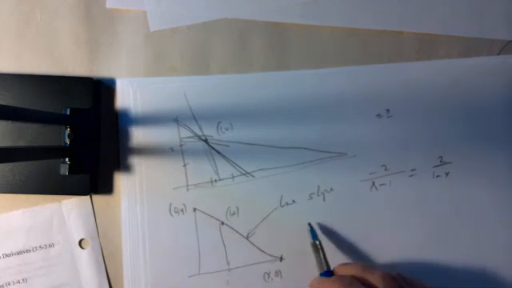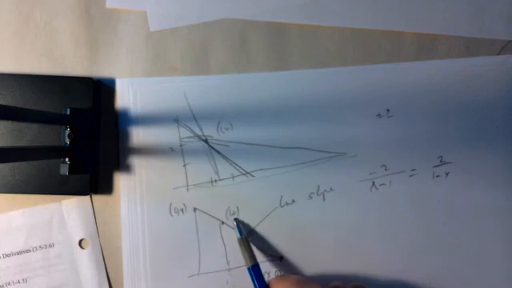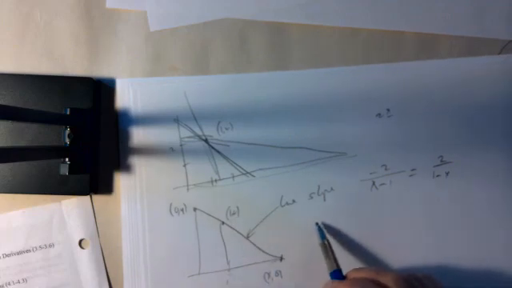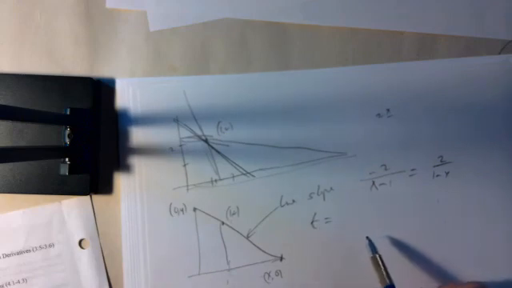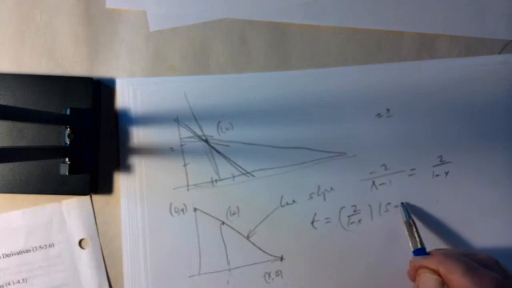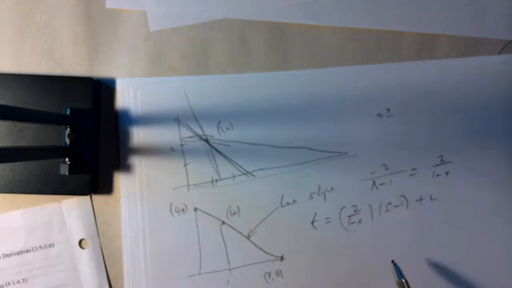And the equation of the line passing through the point 1, 2 with slope 2 over 1 minus x is t equals 2 over 1 minus x, s minus 1 plus 2.